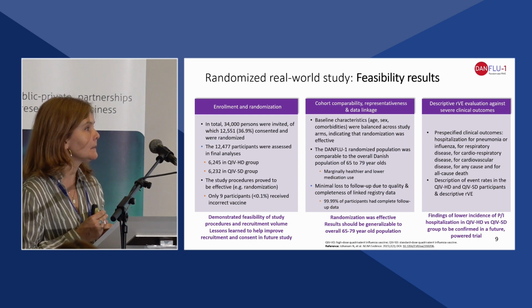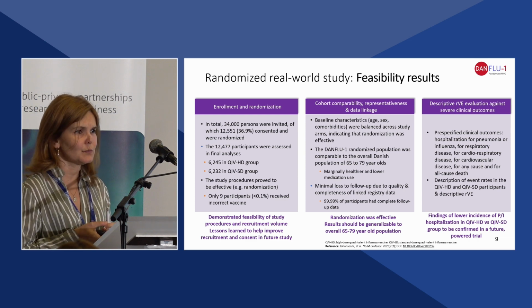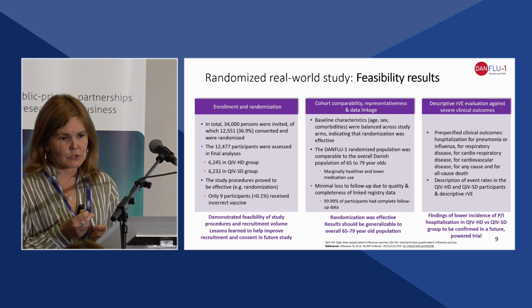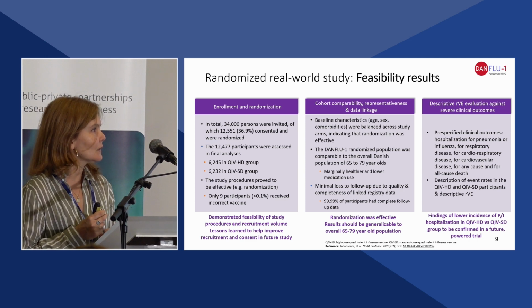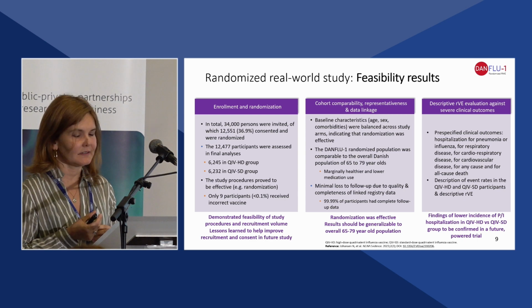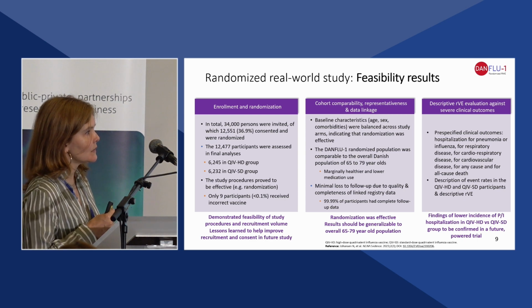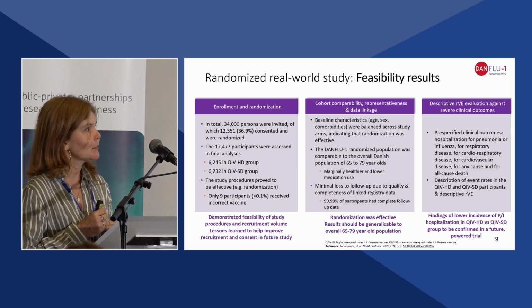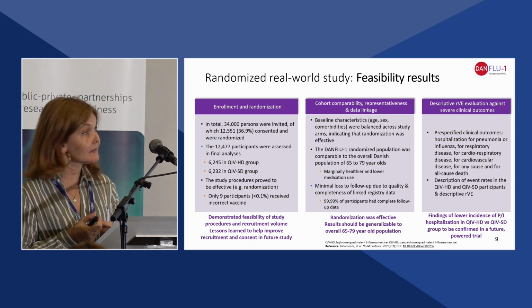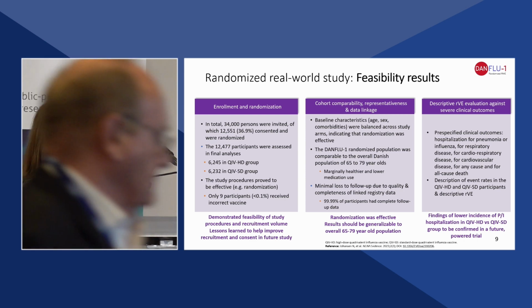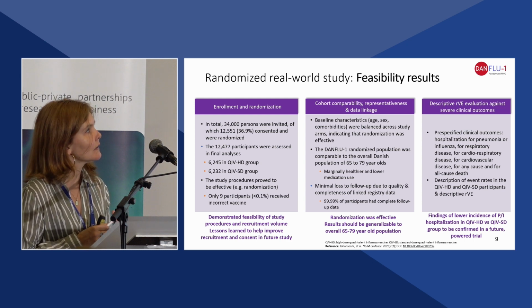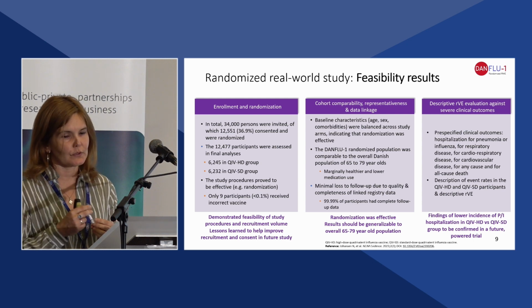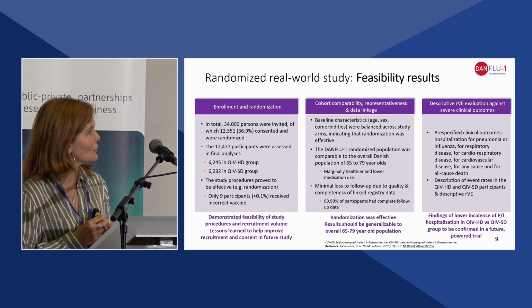And finally, even if the study was not designed and powered to really have a true comparative vaccine effectiveness, the idea was really to have some description of the event rates in the two groups to see if it's feasible for a more powerful study to follow up afterwards.